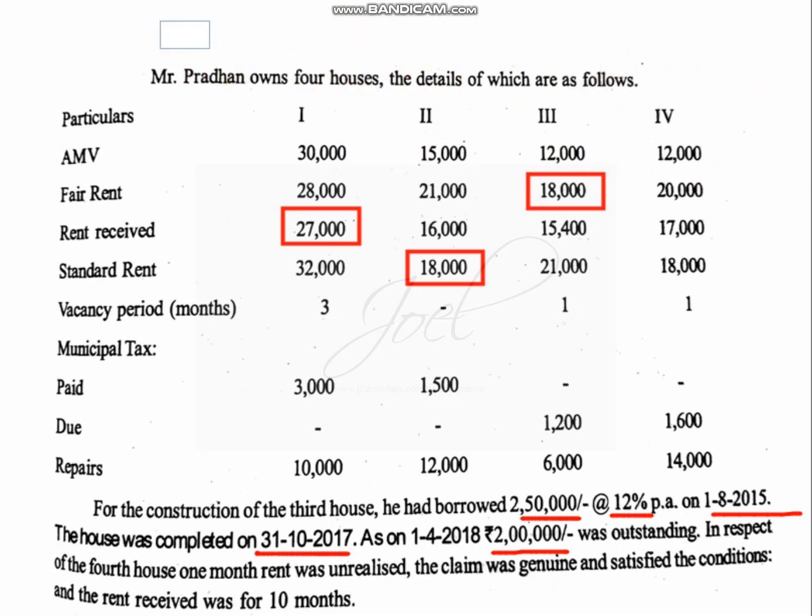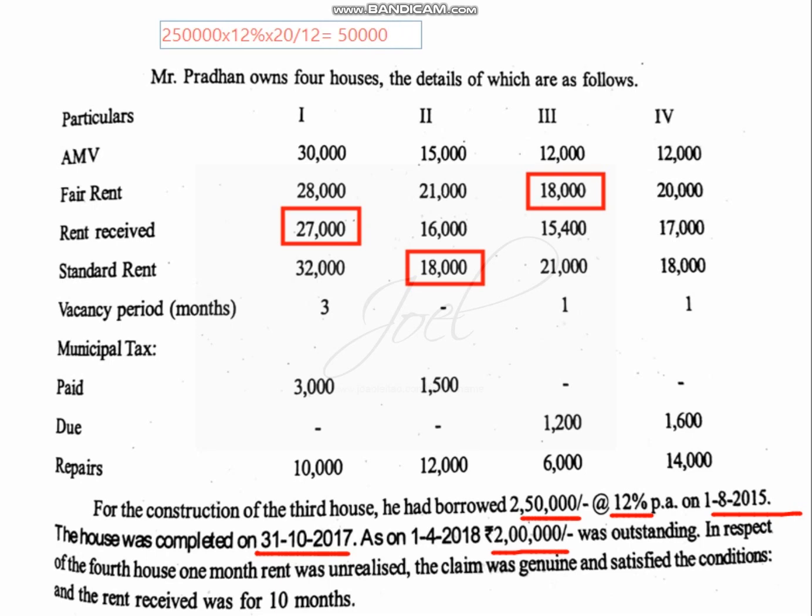So the calculation will be 2,50,000, that is the amount, into 12% into how many months, 20 divided by 12. I have to do 20 divided by 12, then how much will I get? 50,000, I will get 50,000 as an answer.